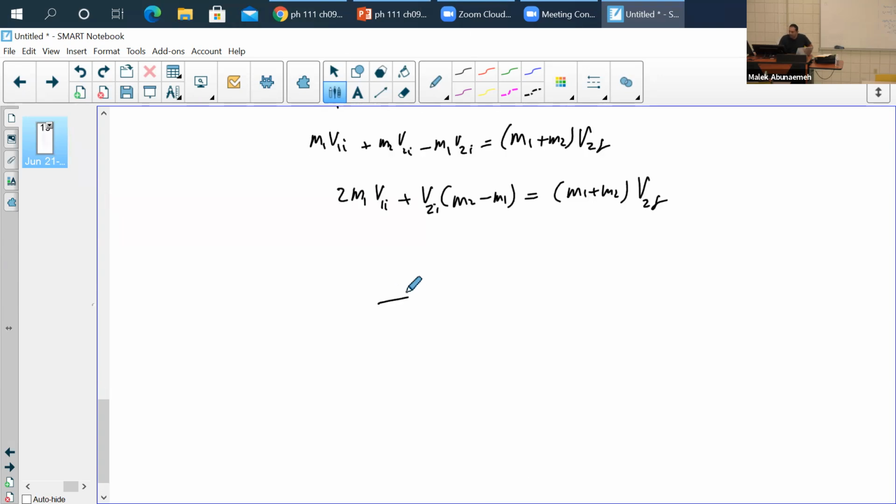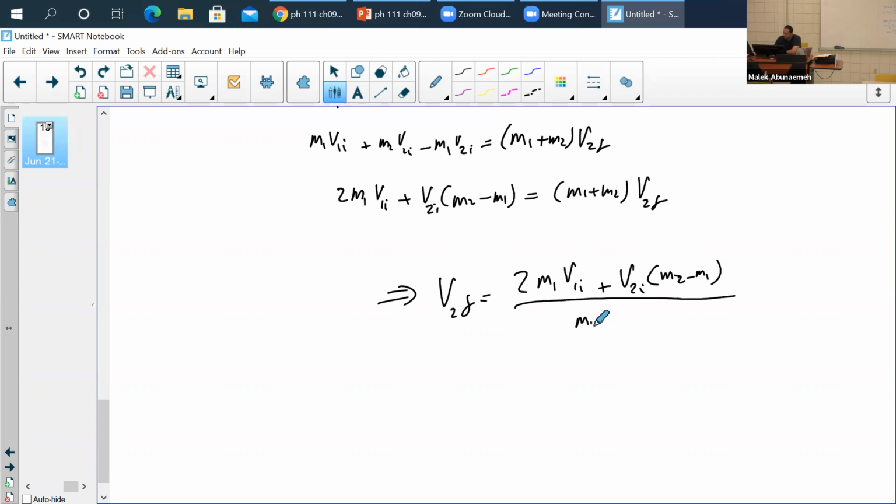Solving for V2 final is gonna equal 2M1 V1 initial plus V2 initial multiplied by (M2 minus M1), divide the whole thing by M1 plus M2.